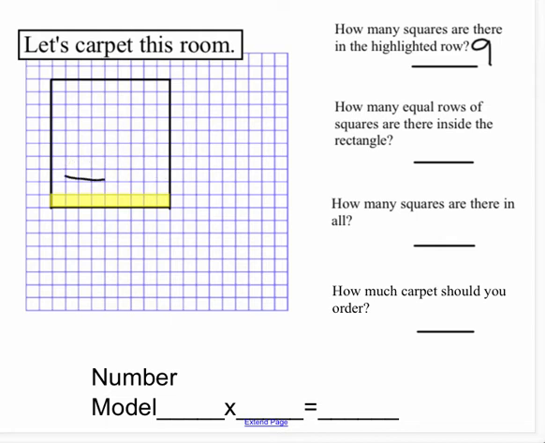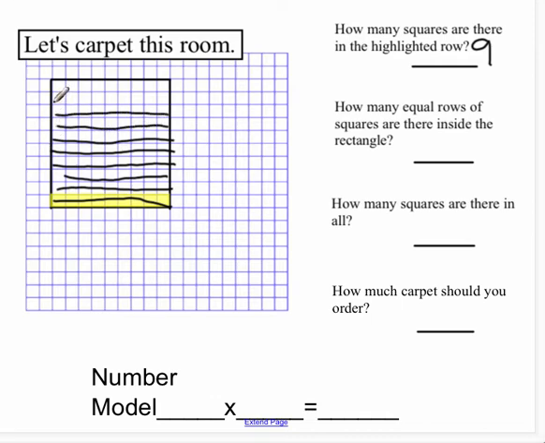Sometimes maybe it's helpful to draw a line. Let's just draw a line so we know how many rows we've counted. So there are 3 rows, 4 rows, 5 rows, 6 rows, 7 rows, 8 rows, 9 rows, and 10 rows. Go ahead and write down 10.